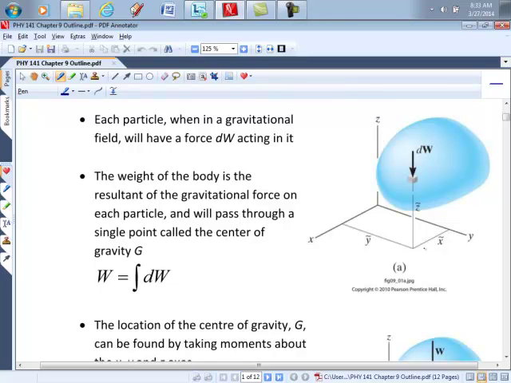So x tilde along the x-axis, y tilde along the y-axis, and z tilde along the z-axis. So we would integrate to find moments about the x-axis for all of the little dWs, so all of the little x tildes, the distance from the x-axis. Sorry, that would be y tilde, the distance from the x-axis.